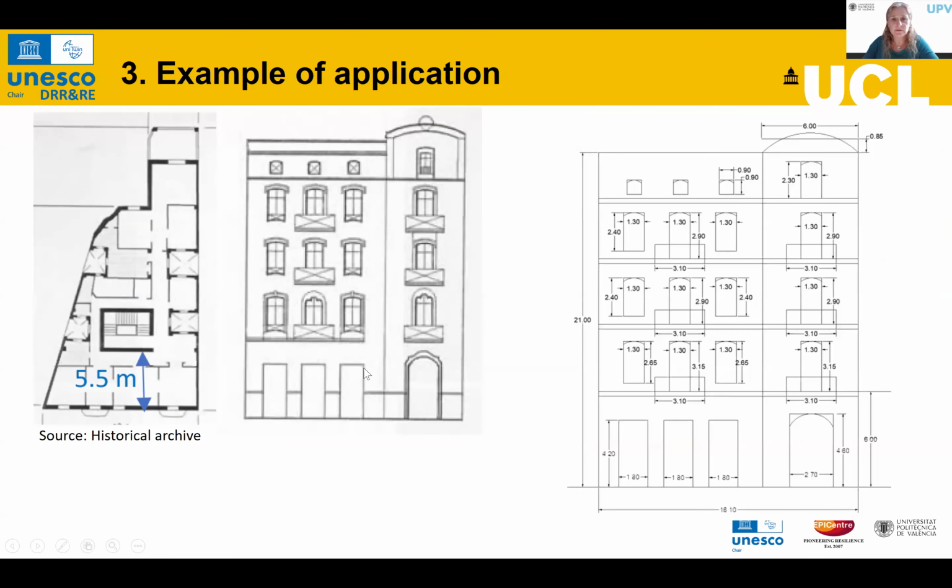So with these original drawings, I've drawn the facade with the dimension of the openings to be introduced in the FaMIVE shell. Because the building is not regular, it has not a regular plot, we are going to consider only this part of the building.